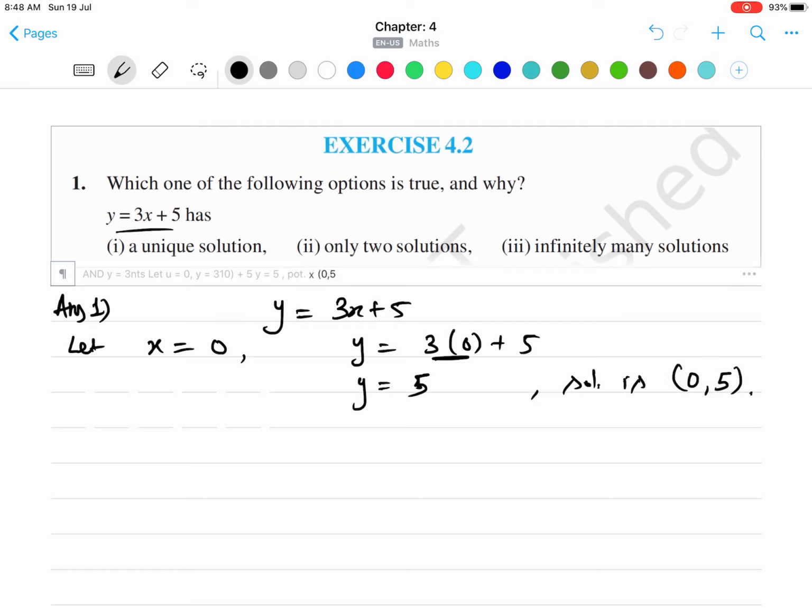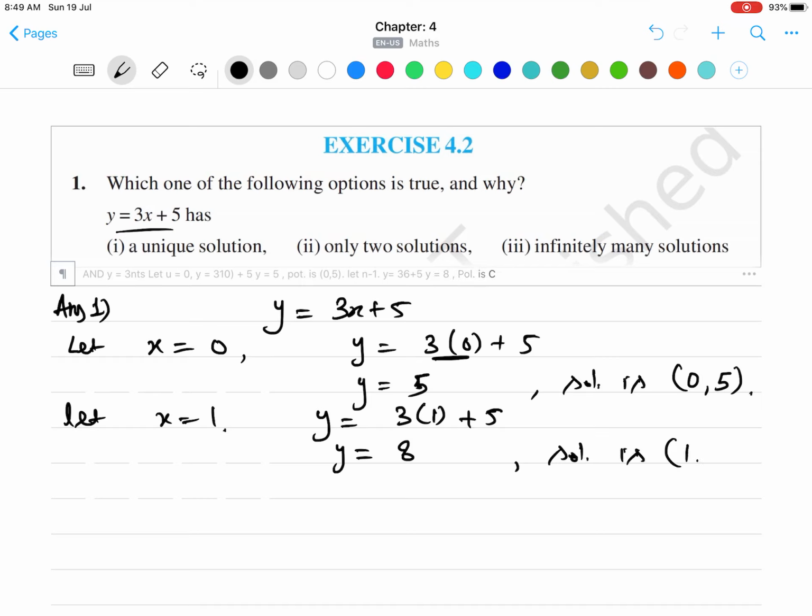We can also choose another value, let x equals to 1. In that case y will be 3 into 1 plus 5, 3 into 1 is 3 and 3 plus 5 is 8. So the solution is x 1 and y is 8.